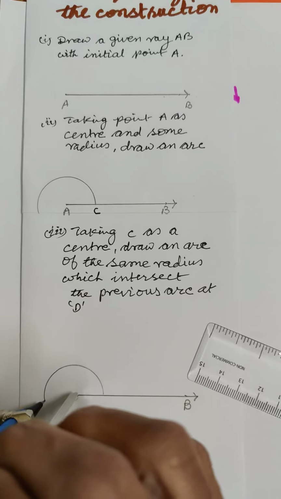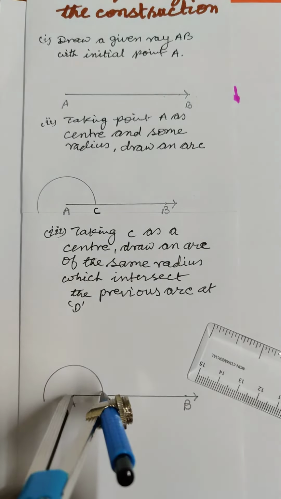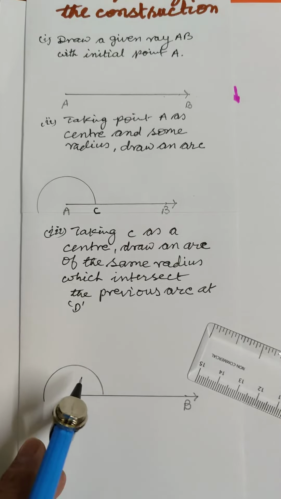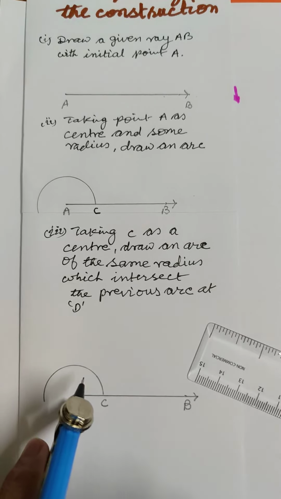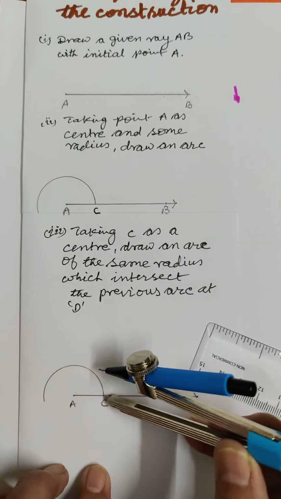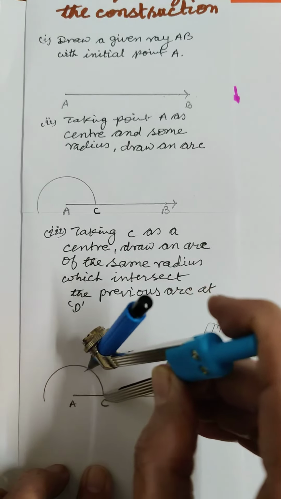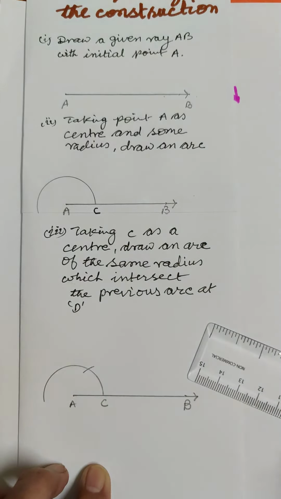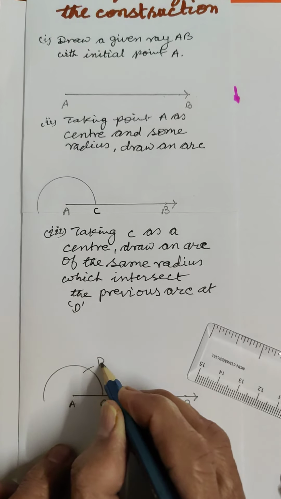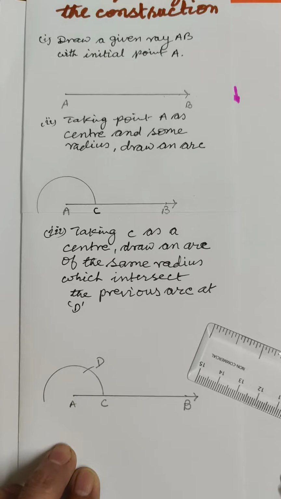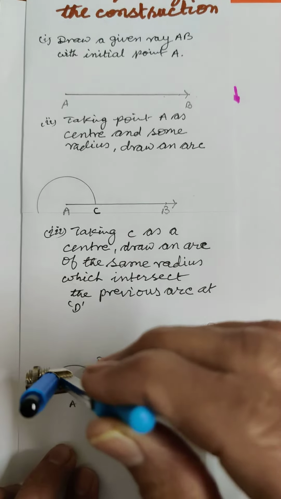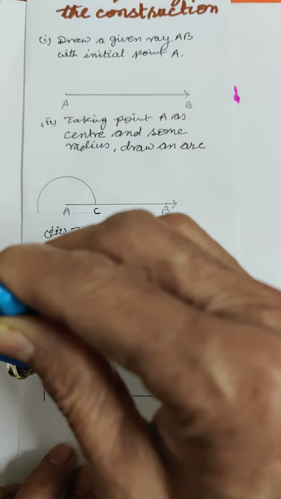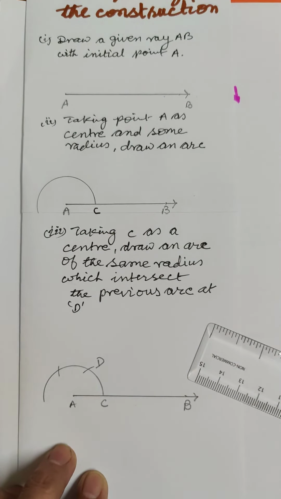We had drawn an arc with suitable radius, which intersected AB at C. Now with the same radius, I am drawing another arc intersecting the first one. Say it is point D. Now taking D as a center and the same radius, draw another arc which intersects the previous arc at E.